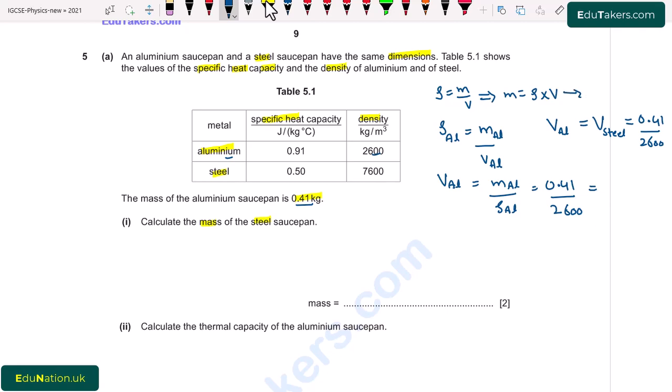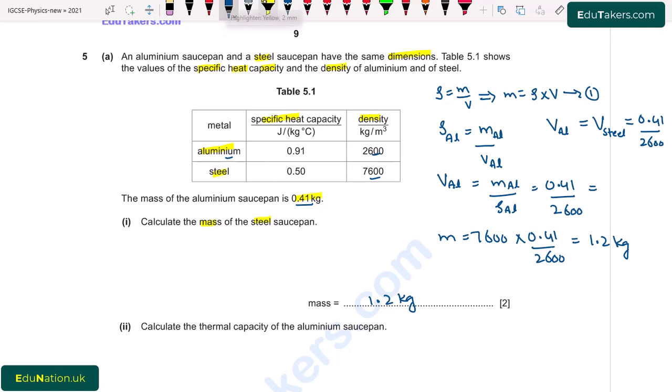Now using this equation you can find out the mass of steel saucepan, and it will be equal to density for the steel, 7600, multiplied by volume, 0.41 over 2600. So the mass comes to be 1.2 kilogram, which is the mass of steel saucepan. I write here 1.2 kg.